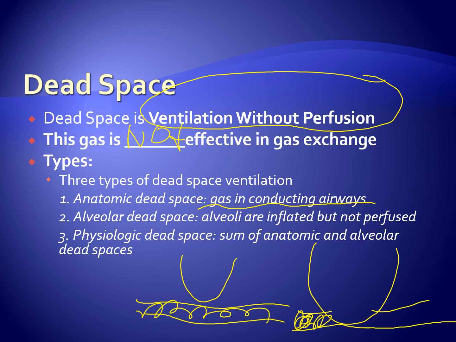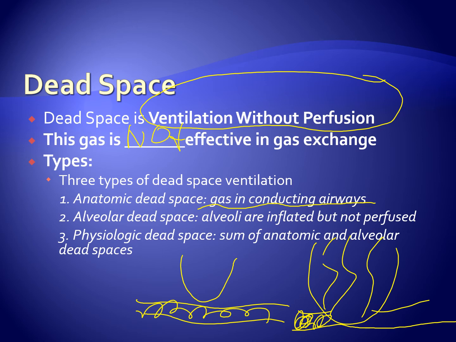It pinches off that blood flow. It's so expansive, it actually squeezes and shuts down those little capillaries. Well, this can easily happen, and this is an alveolar dead space, because now we have ventilation. We have gas moving to the alveoli, but there's no exchange with the bloodstream because we've closed off, we've impeded blood flow with that capillary. So alveolar dead space is the same thing. There's ventilation, no perfusion, but this is at the alveoli level.